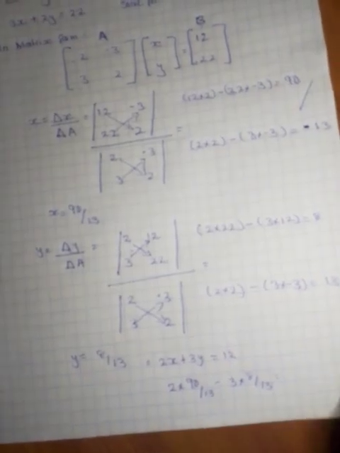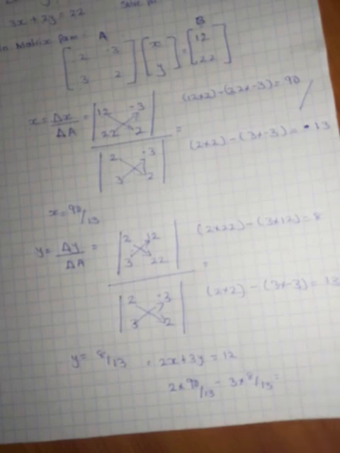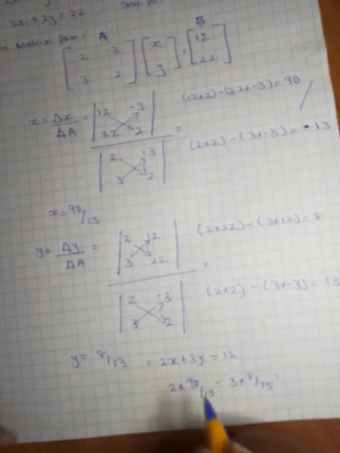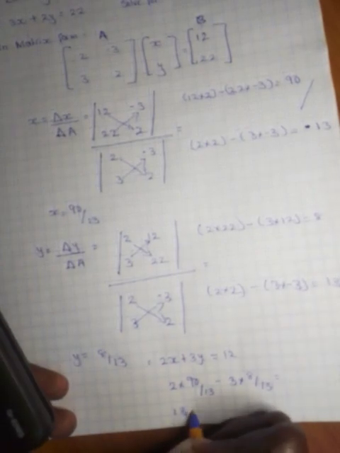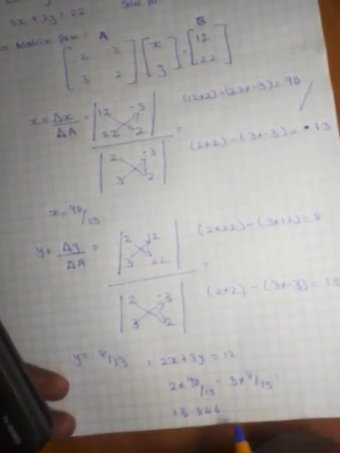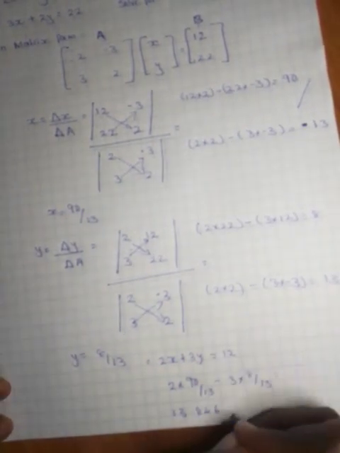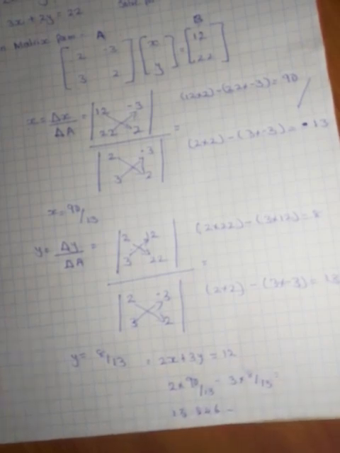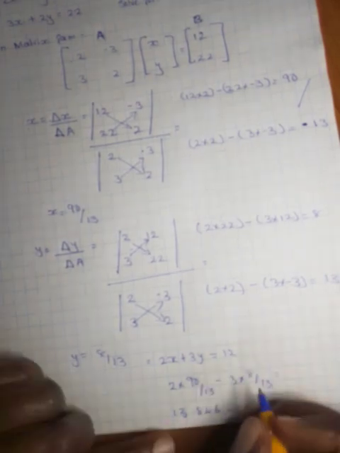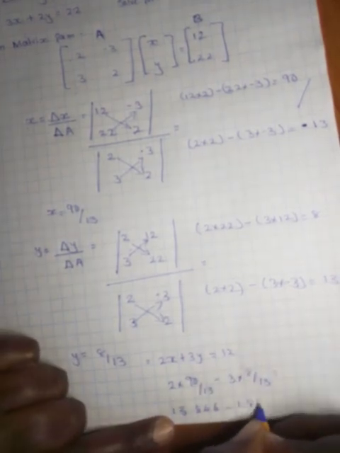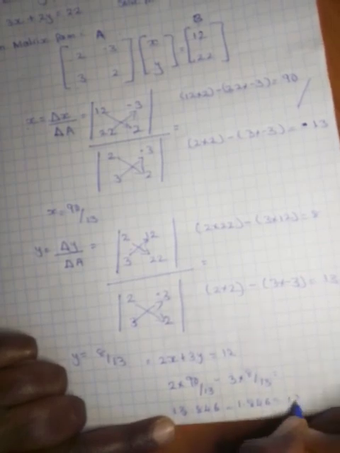What's the answer for that? Let's get that. That's 13.846 minus 1.846, which is 12.